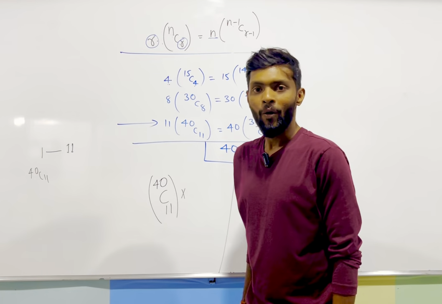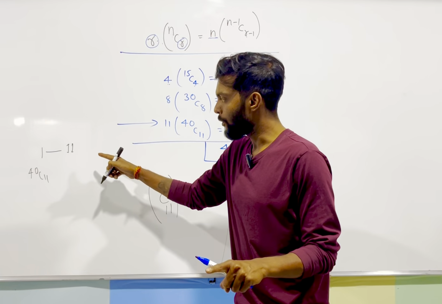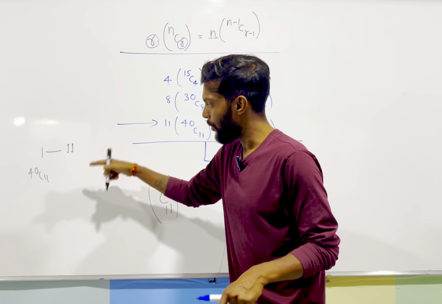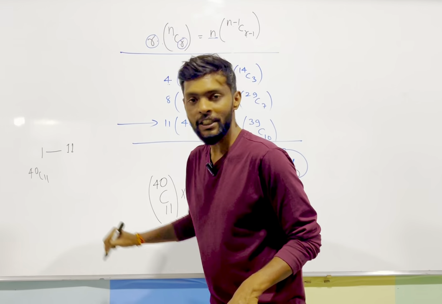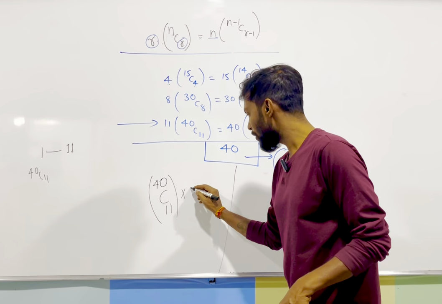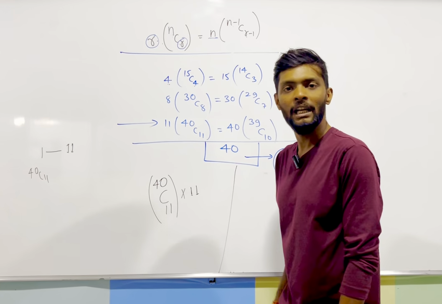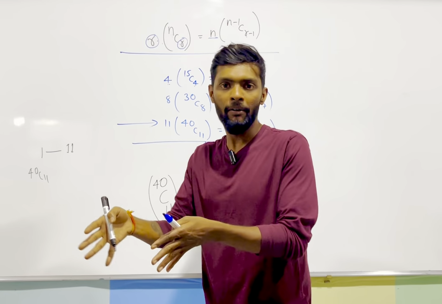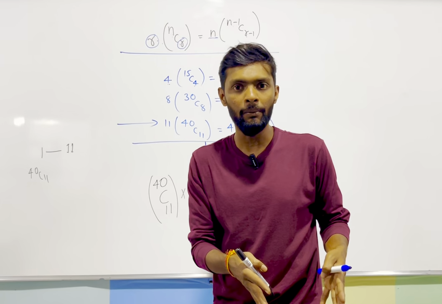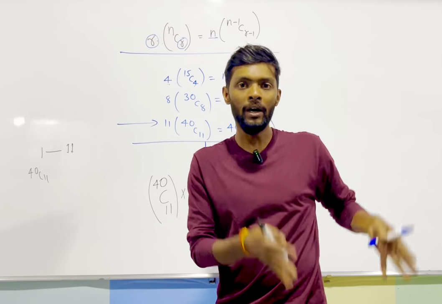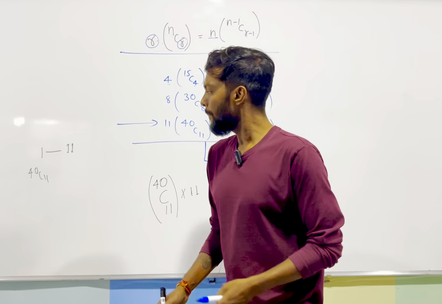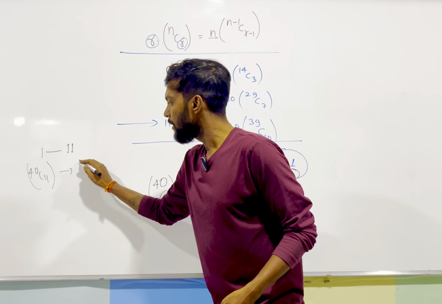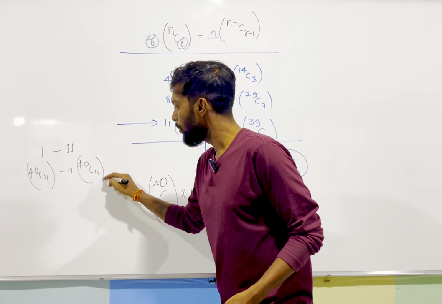So there are 11 ways to decide a captain in one team, and there are 40C11 teams in total. So the number of total ways will be 40C11 into 11. Like if the price of one book is 11 rupees, then the price of 100 books will be 100 into 11, the price of 200 books will be 200 into 11, and the price of this many books will be this into 11.